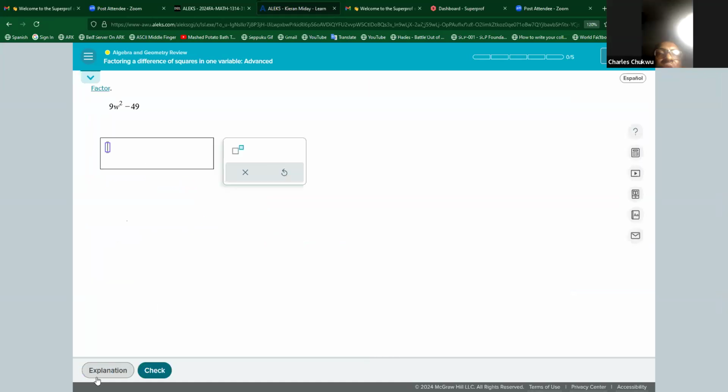This one, I'm sure is pretty straightforward for you. What do you think would be in this one? The first bracket would have what?